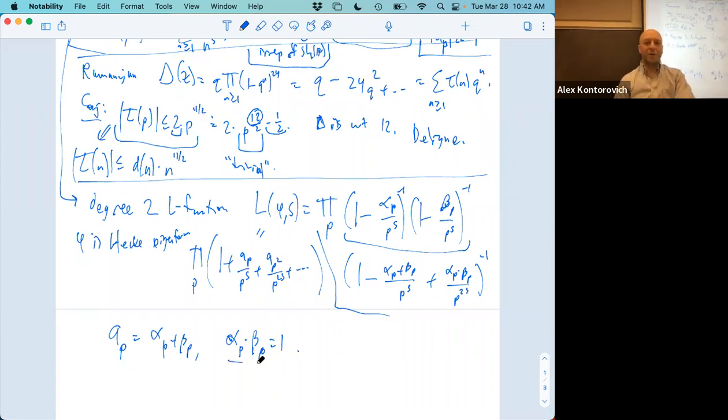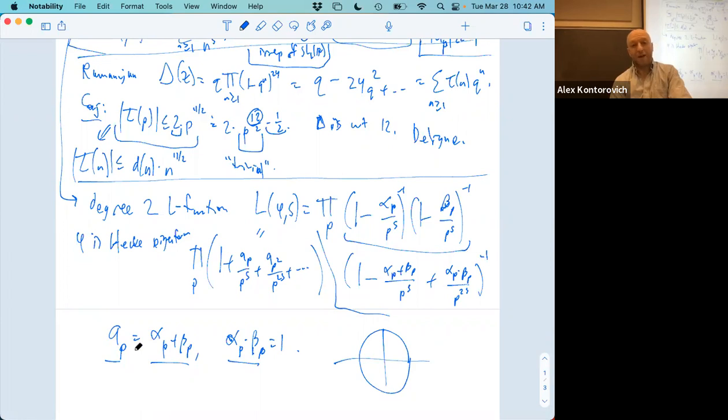Okay, so I have two numbers that multiply together to give me 1, and they add together to give me a p. So how can two numbers multiply together to be 1? Well, they can be complex on the unit circle, or beta is 1 over alpha.